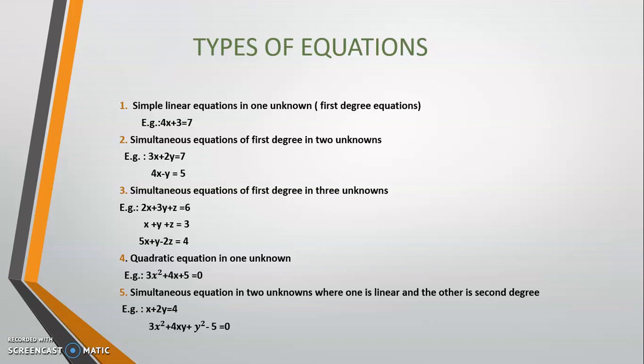These two equations come together and the first one is linear and the number of unknowns is 2, that is x and y, and the second equation is of second degree, that is the highest power of the unknown is 2. So 3x² + 4xy + y² - 5 = 0 is of second degree, and these two equations are known as simultaneous equations in two unknowns.